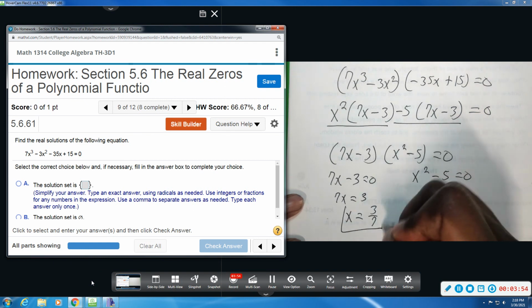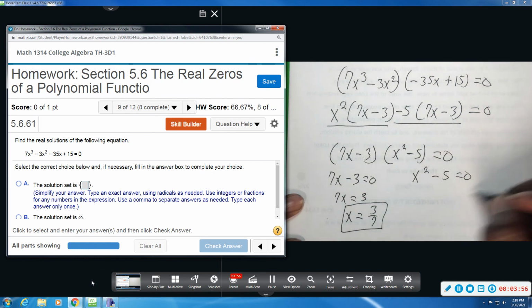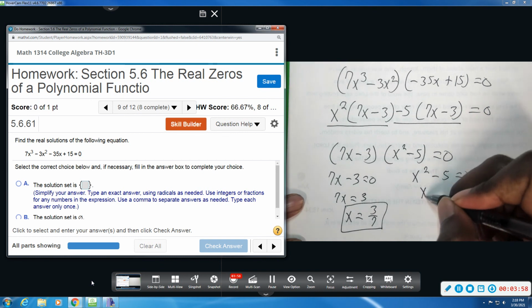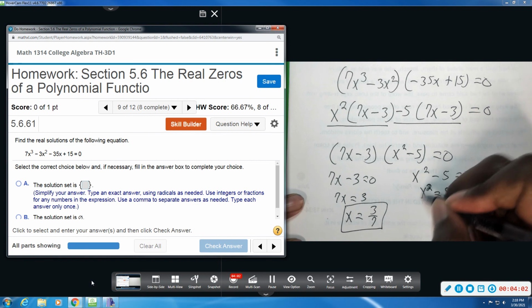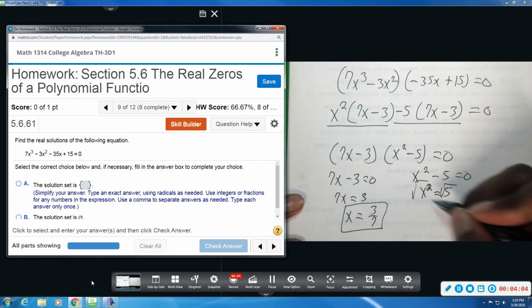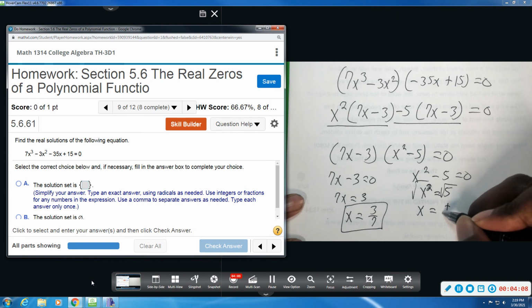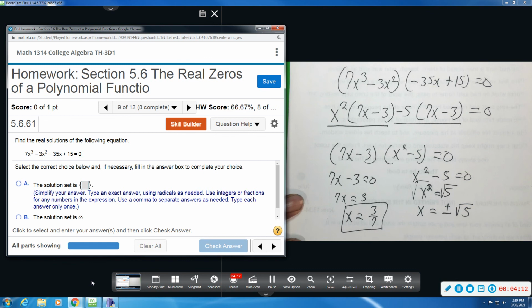So we get x equals 3 over 7, and then over here we would add 5. x squared equals 5, and then we would take the square root of both sides. So we get x equals positive or negative square root of 5. Got to remember positive or negative when you take square root.